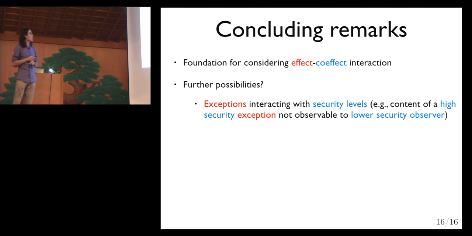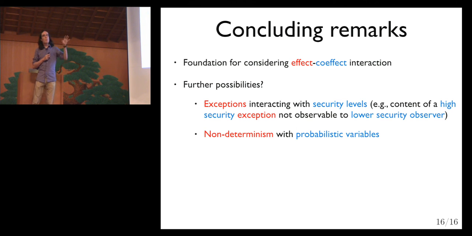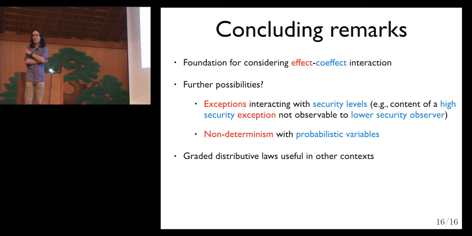So that's one possibility we're looking at. Another is combining non-determinism effects with probabilistic languages, probabilistic variables, and then you can see that you want to interact the level of non-determinism with the probabilities on your variables. And there's been a few things this week which have made me think, oh, maybe we could do that in our calculus. So I'll be following up with people later.